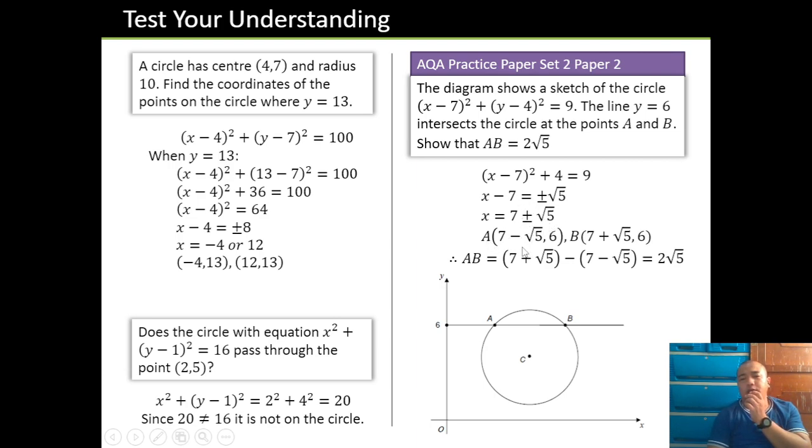So ang A is either 7 minus square root of 5, 6, and B is 7 plus square root of 5, 6.